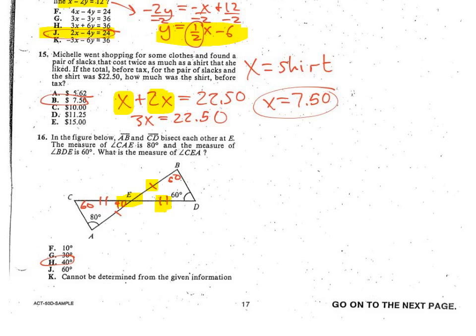So if one of the angles over here is 80, that means the angle over here is 80. And if this angle is 60, that makes this angle 60. So figuring out that a triangle adds up to 180, I would simply take 180 minus the 80 minus the 60 to get 40 degrees, letter H.